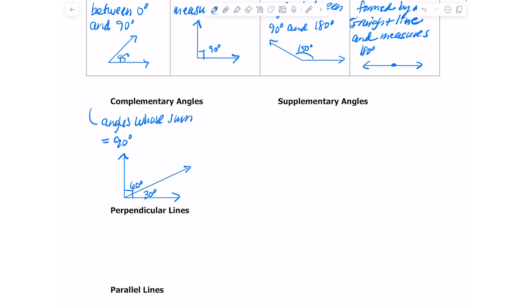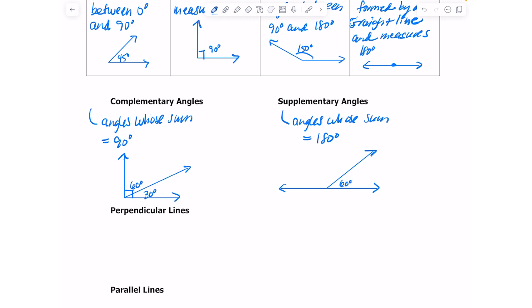Supplementary angles are angles whose sum is 180 degrees. So we know, what does a 180 degree angle look like? It looks like a straight line. But maybe you have an angle here that's like 60 degrees.